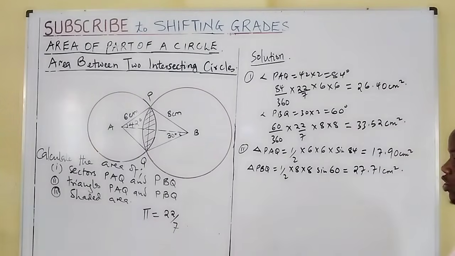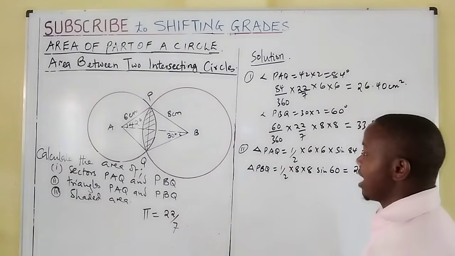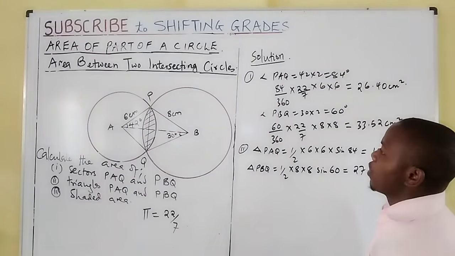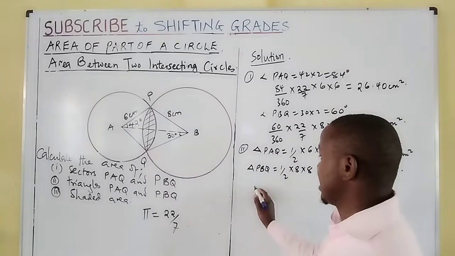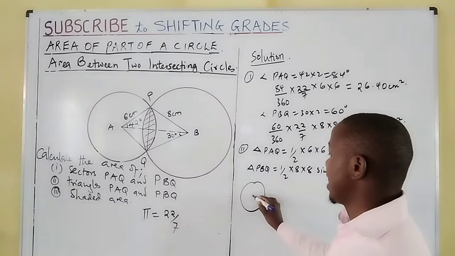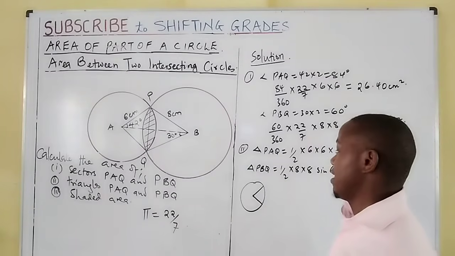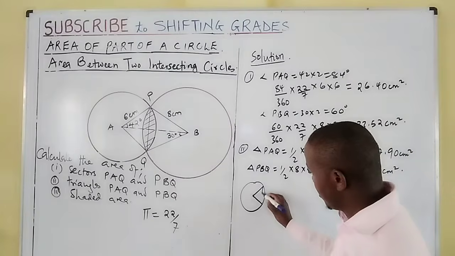And lastly, we want to get the shaded area. Therefore, it is good to realize that when we extract the first circle, which is having center A, we have this line here.